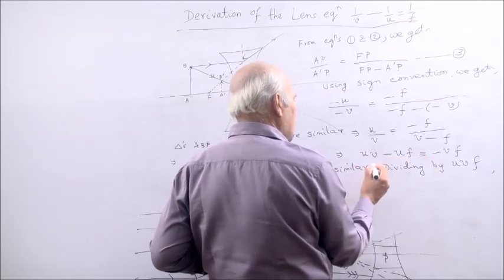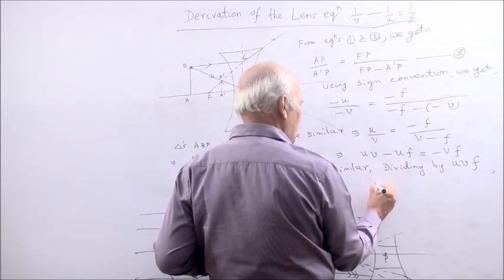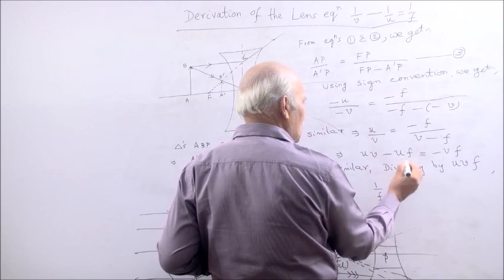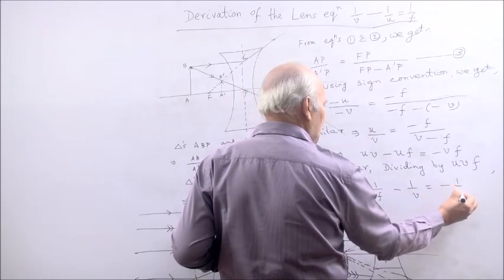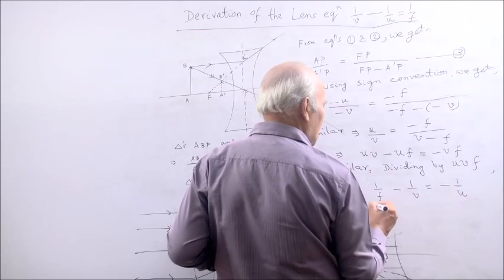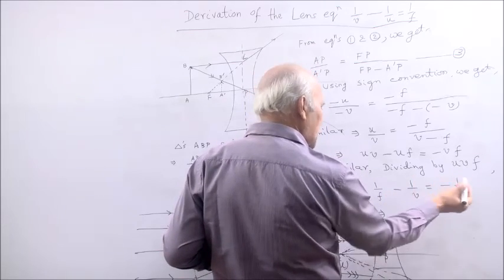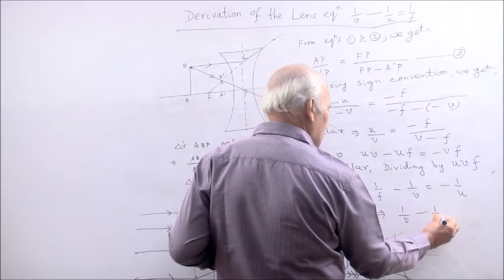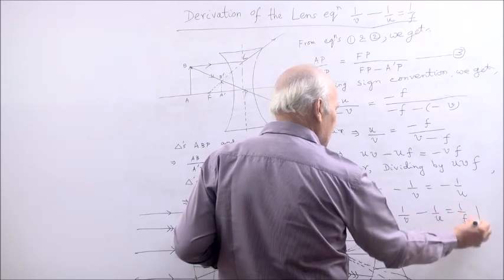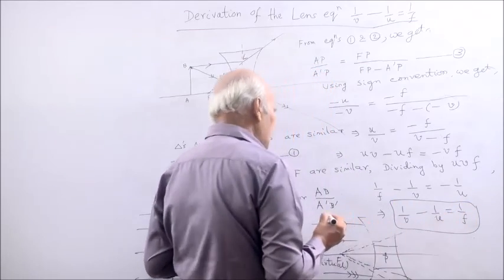Dividing by UVF, you get UV by UVF is 1 by F, UF is 1 by V, it is minus 1 by U. So, what you get? You take this that side, then you get 1 by V minus 1 by U is equal to 1 by F. So, this is called the lens equation.